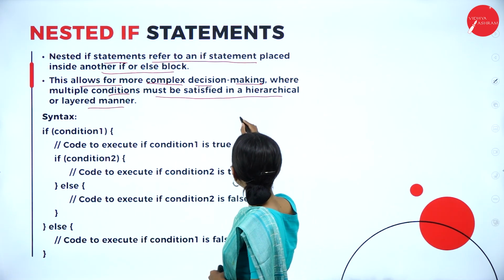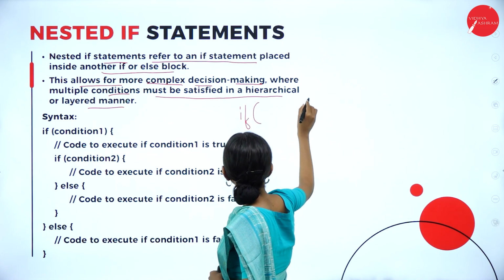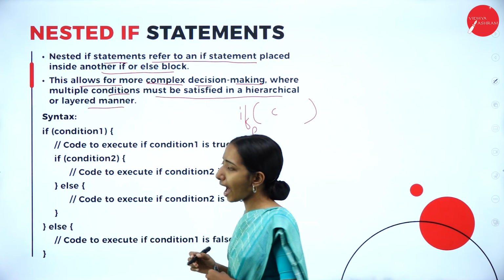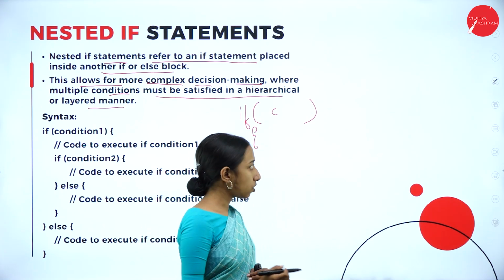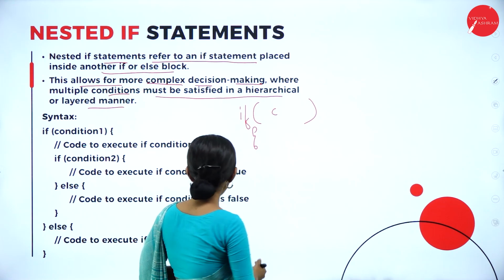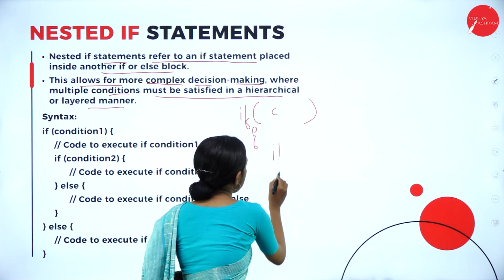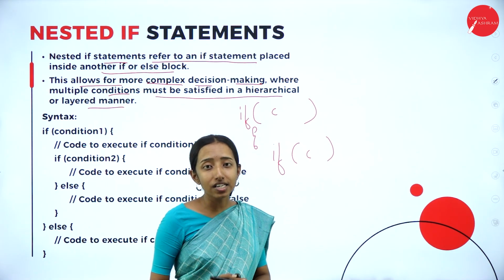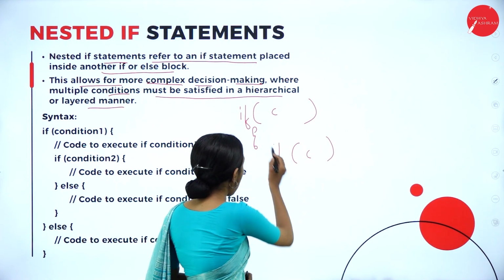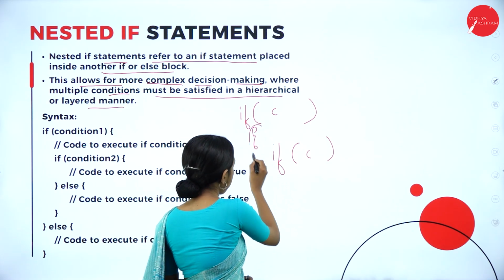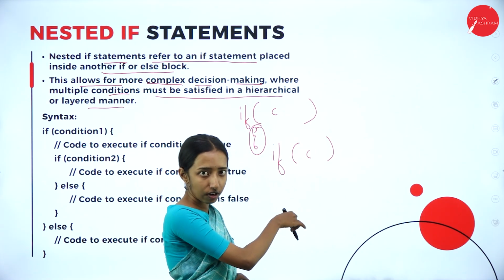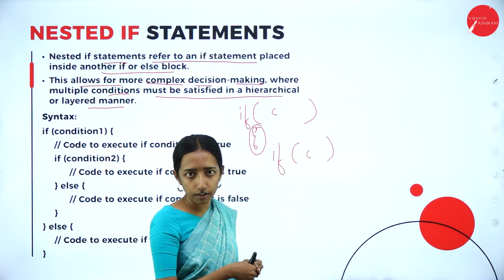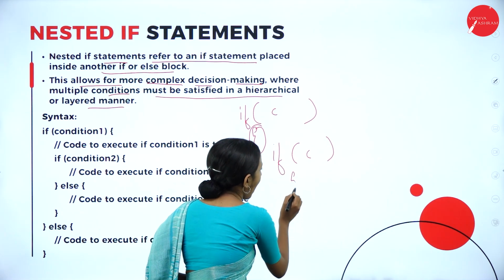We will have an if with a condition, and here you can see I have opened the flower bracket. In nested if, the brackets are very important. Inside that flower bracket, the nested if means an if inside another if, so here I will have another if.